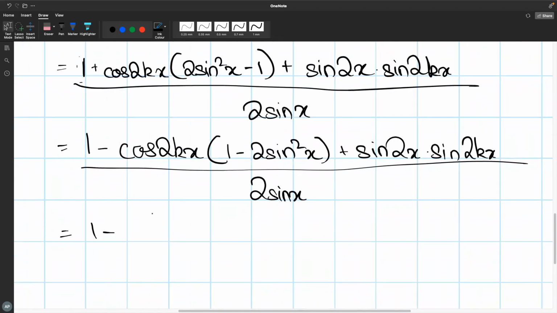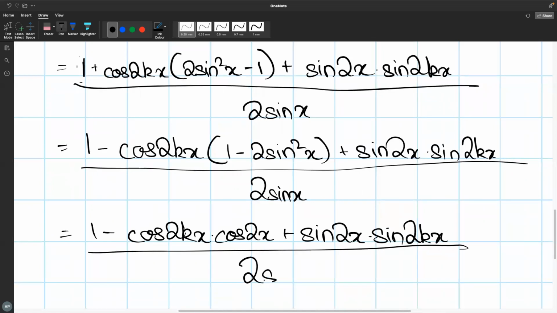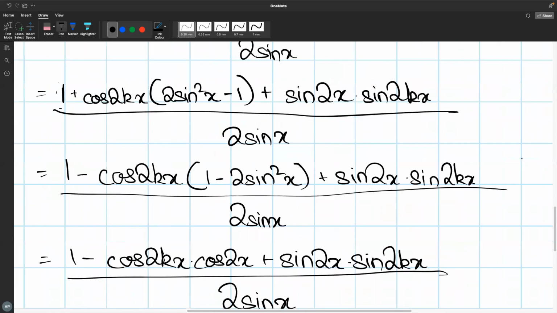This is equal to 1 minus cosine 2kx. This trig identity gives us cosine 2x plus sine 2x times sine 2kx, all over 2 sine x.